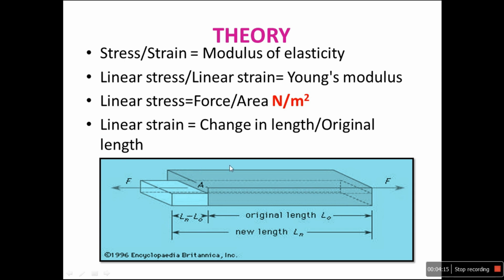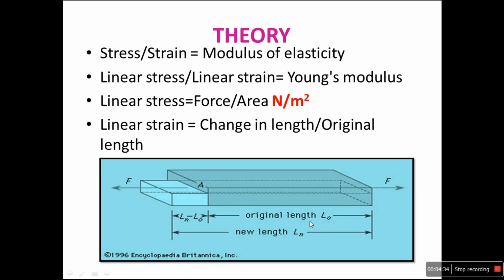This is the original length of the material, L naught. After applying the force, it extended up to this end. So this is the original length and this is the new length.